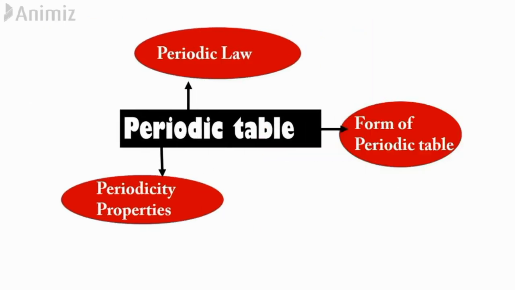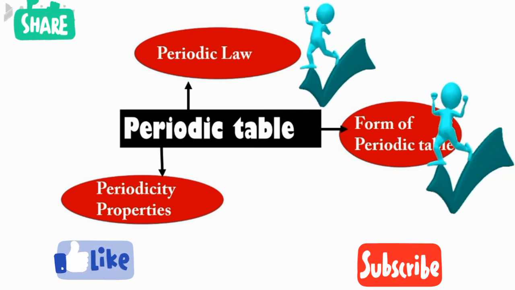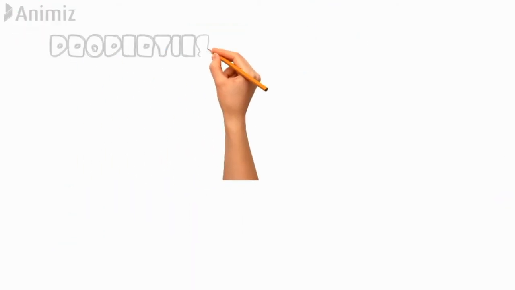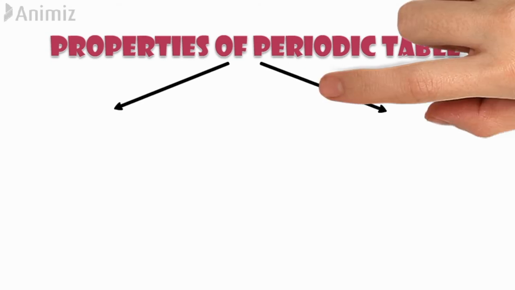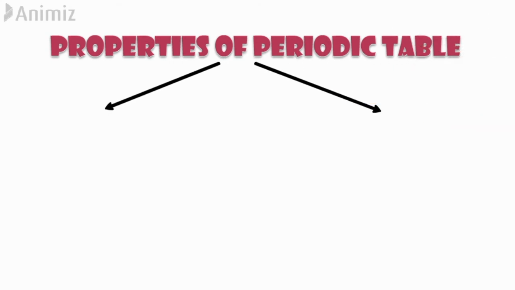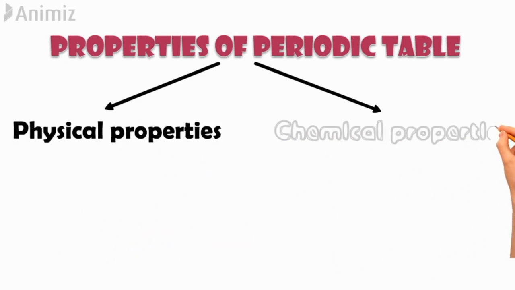So in the periodic table, so far we have learnt the periodic law and the form of the periodic table. Now we'll see what the properties of the periodic table are. We can divide the properties into physical and chemical.